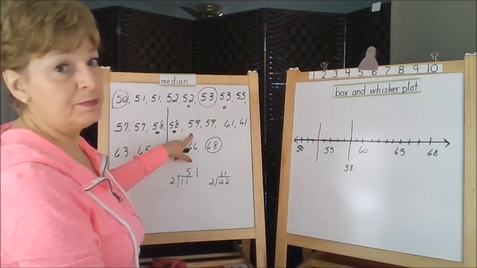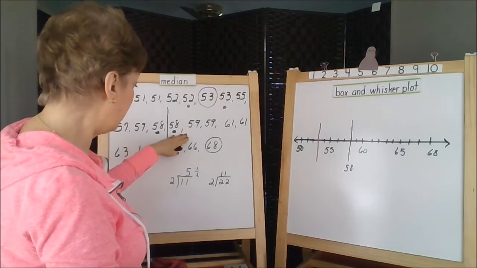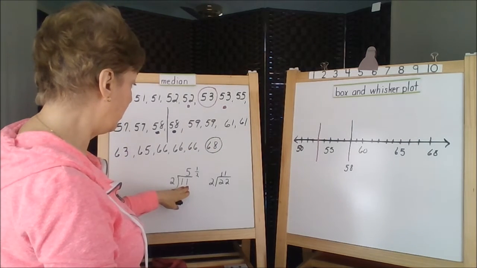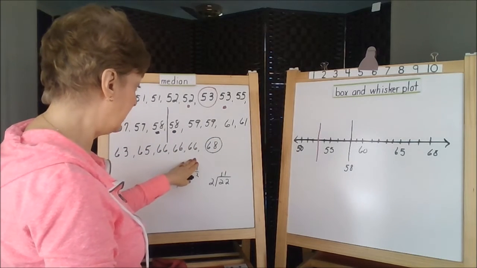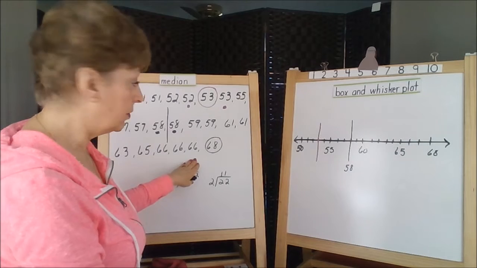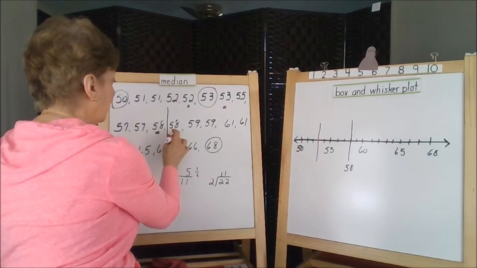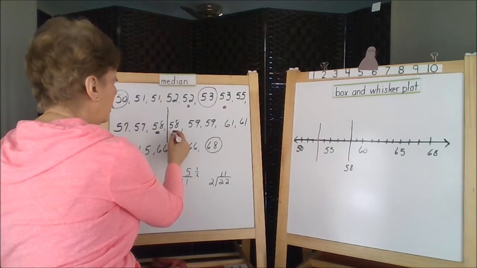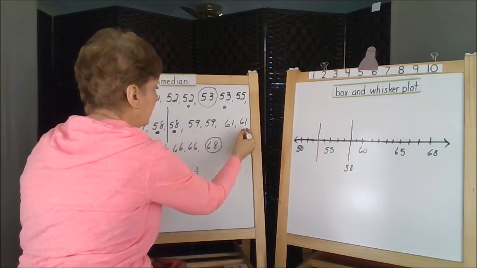Now let's find the midpoint of the second half of the data. Again, we know that we're going to be counting over 5 because there are 11 pieces of data in the back half too. So starting here at the middle of the whole set of data, we're going to count 1, 2, 3, 4, 5.